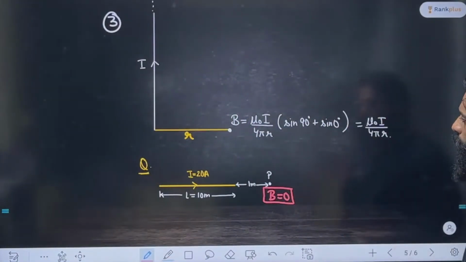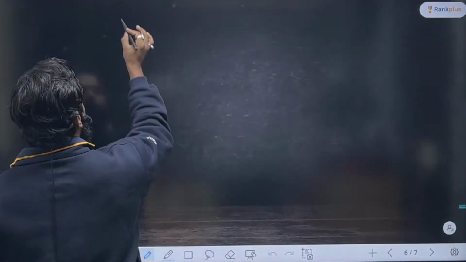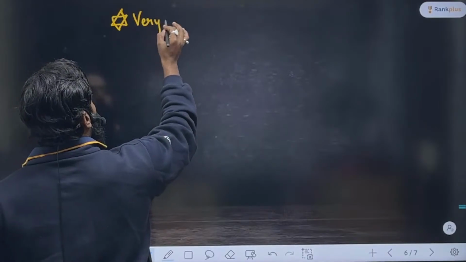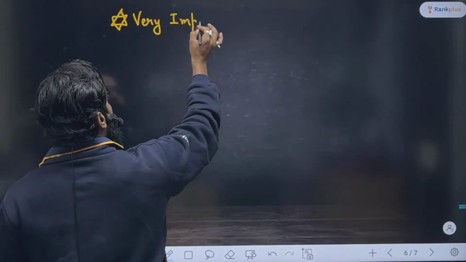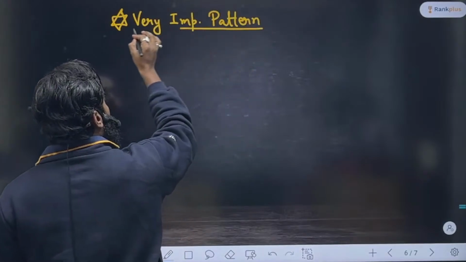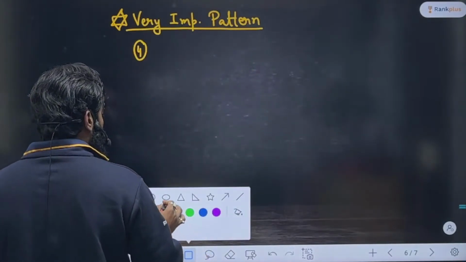Now let's go to another part. We were covering a very important pattern. And the next pattern which we have to do is the circular pattern.